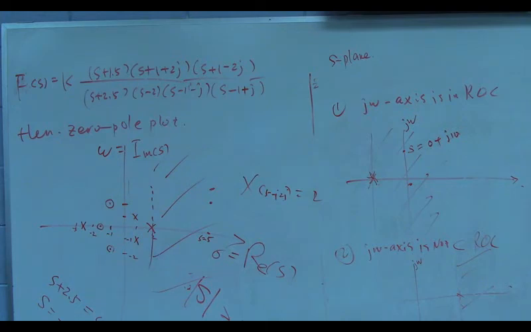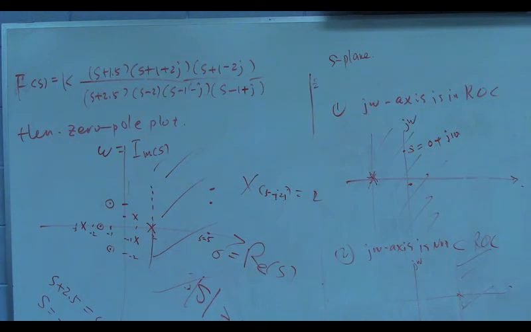What are the zeros? The zeros are the solutions of the polynomial that makes the numerator equal to 0. You solve that polynomial equation, then you get the zeros. The poles are the opposite: they are the solutions for the denominator polynomial. So if you are given a Laplace transform, then you can calculate the zeros and the poles.